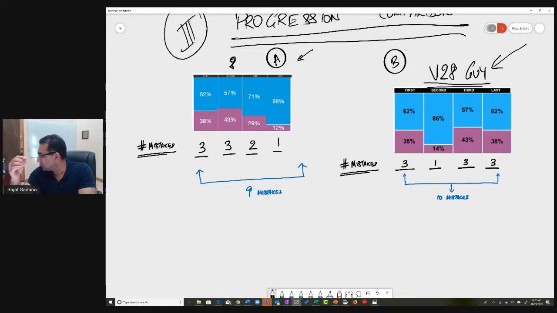If B is, now coming back to this, if B is V28, what is A? What is A's verbal score? B is V28. I'm telling you, you don't have to guess B. That's a fact.